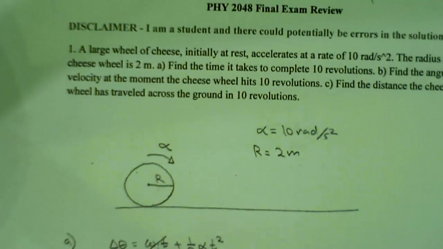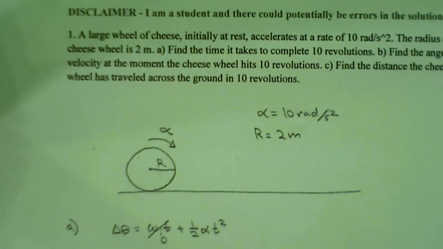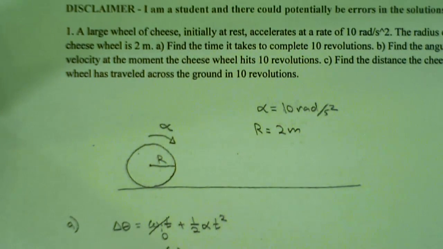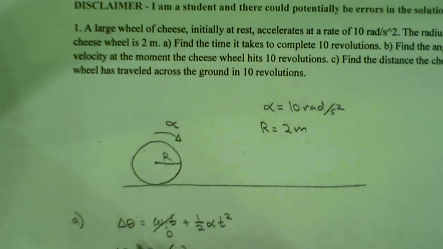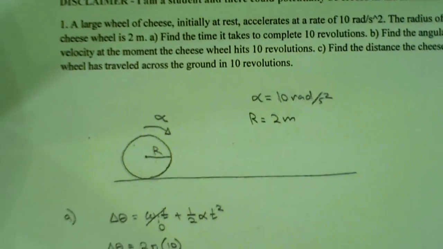So, like I said in the beginning, rotational kinematics just uses the regular kinematics equations, but replacing everything with angular quantities. So, if we use the angular displacement is equal to initial angular velocity times time plus 1/2 angular acceleration times time squared, we can find the time it takes to hit 10 revolutions.